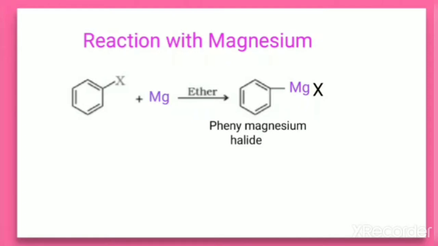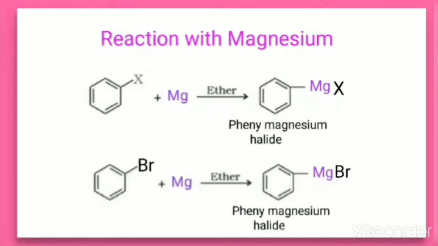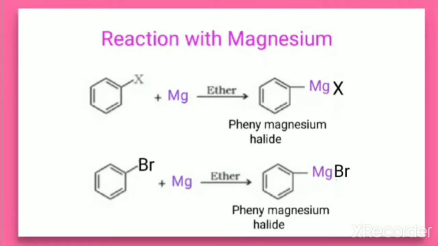Let us take one example. When in the place of X, a particular halide is taken, that is Br, at the time the reaction takes place, C6H5Br plus Mg gives rise to C6H5MgBr. Here C6H5 is a phenyl group. So how do we name this one? That is phenyl magnesium halide.